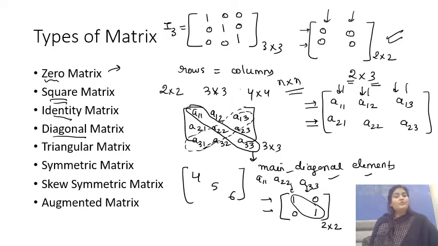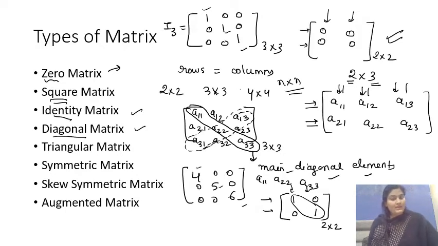Main diagonal elements should be non-zero, rest all must be 0. So the slight difference between identity matrix and diagonal matrix is that in an identity matrix all the non-zero elements in the main diagonal are 1 only, whereas in a diagonal matrix all the non-zero elements in the main diagonal can be any values, and the rest of the elements are 0, correct?